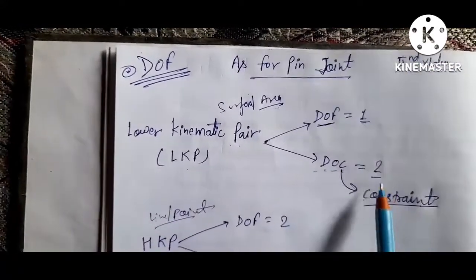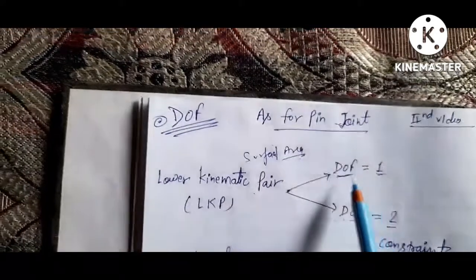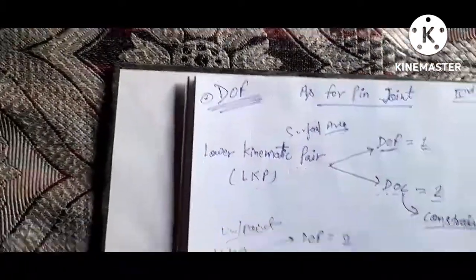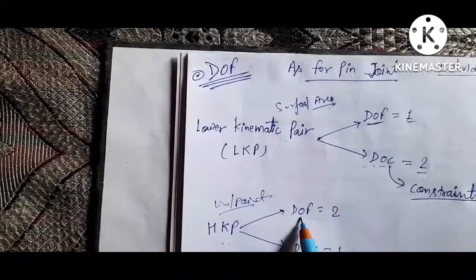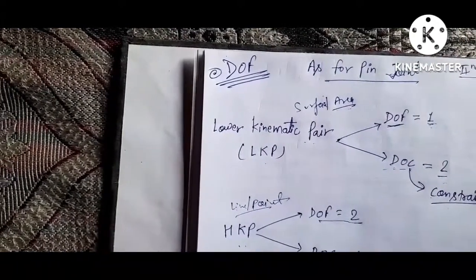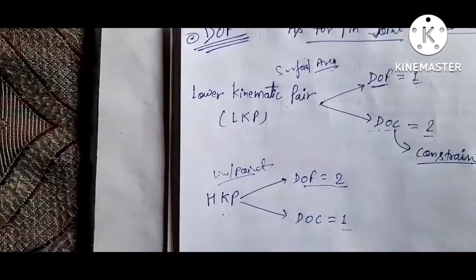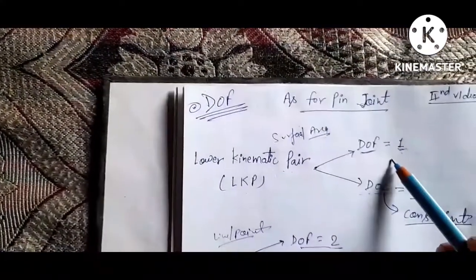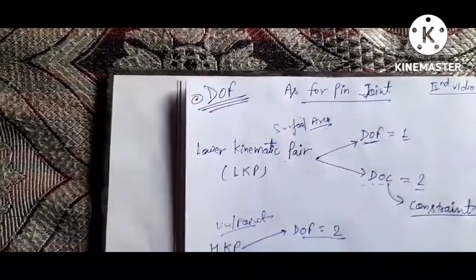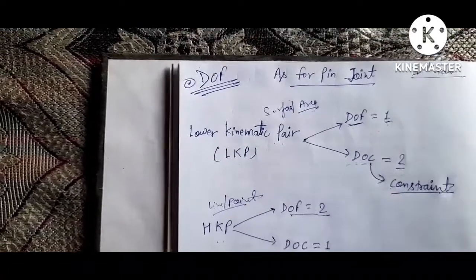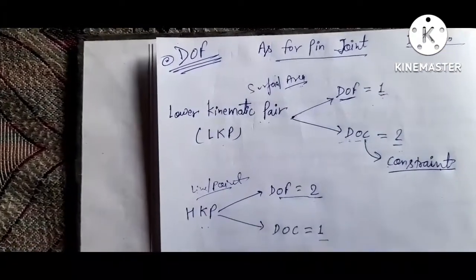Degree of constraint equals 2 and degree of freedom equals 1 in LKP. Higher kinematic pair has degree of freedom 2 and degree of constraint 1. So friends, for lower kinematic pair degree of freedom is low, here 1 and constraint 2. But for higher kinematic pair degree of freedom is high, here you see 2.